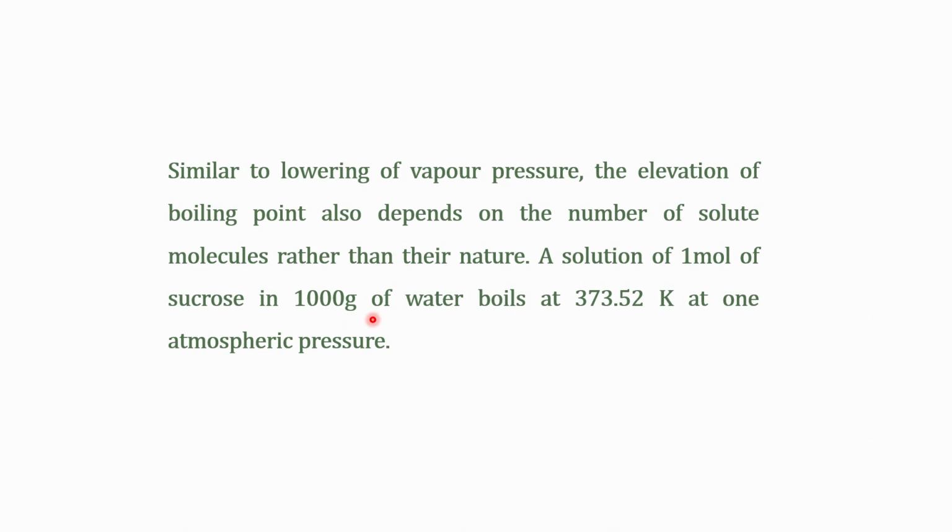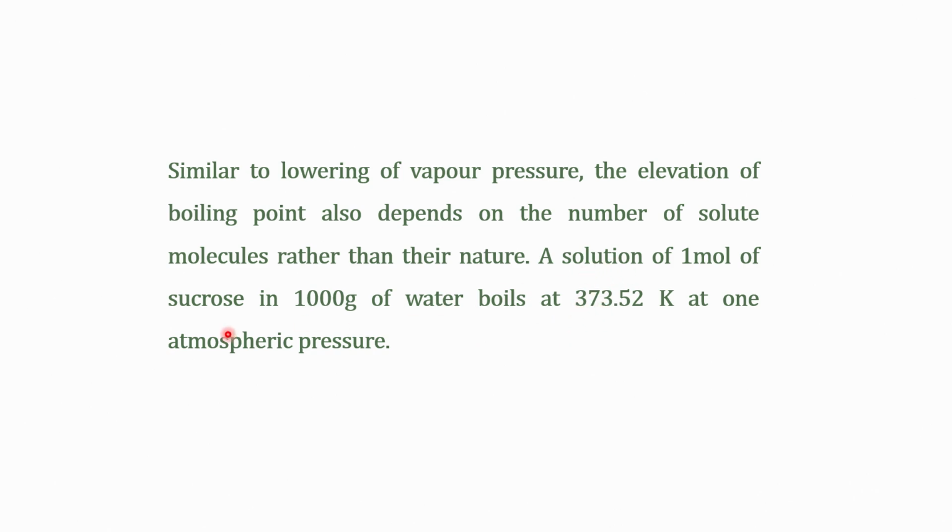So, a solution of 1 mole of sucrose in 1000 grams of water boils at 373.52 at 1 atmospheric pressure. This is a simple explanation, because water should boil at what temperature? 100 degree centigrade, no? So, 373 Kelvin it should boil.